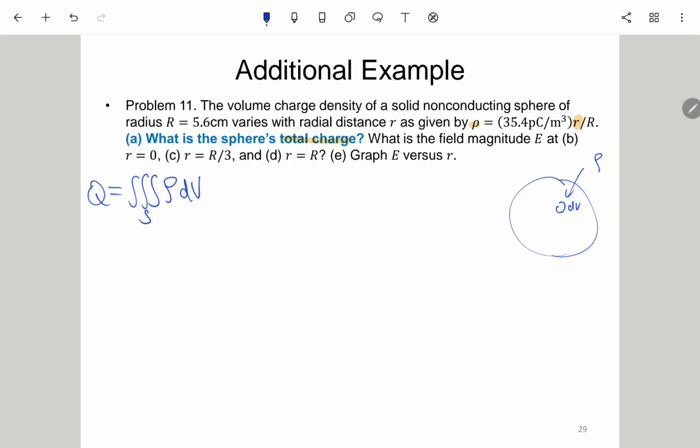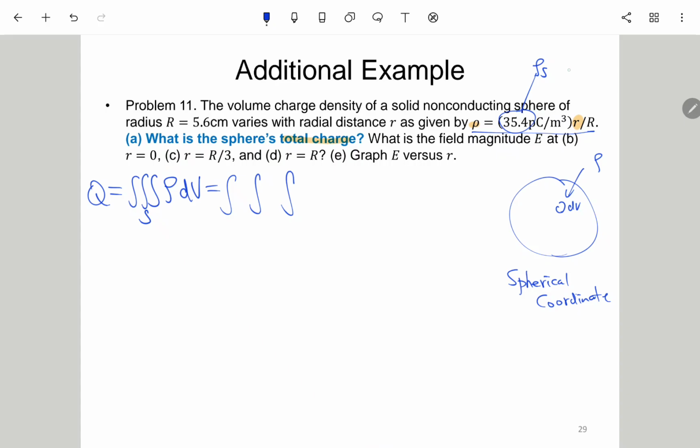Since this is a sphere, we will use the spherical coordinate, 叫做球坐标. For the spherical coordinate, it will be something like an integration. First of all, this is the rho. We try to make it like rho s, so we don't need to write the 33.4 p every time.